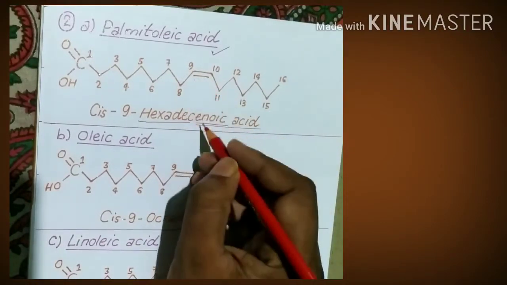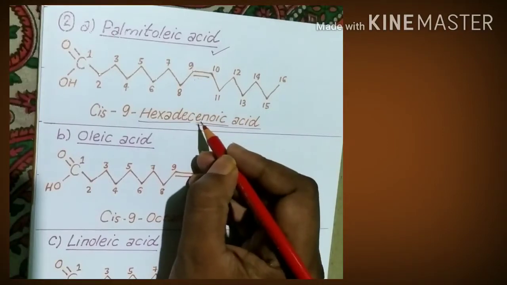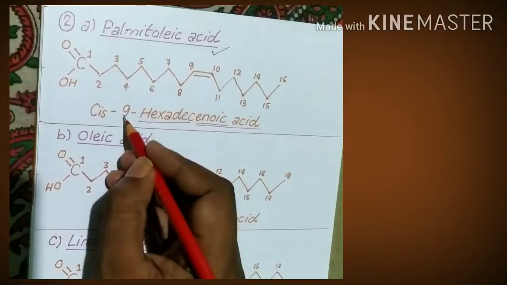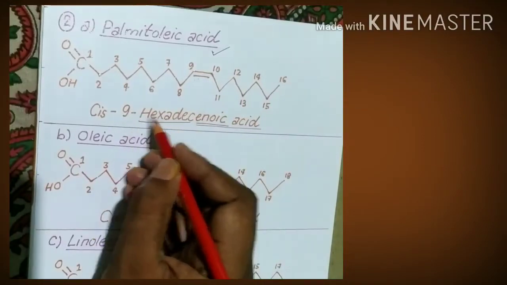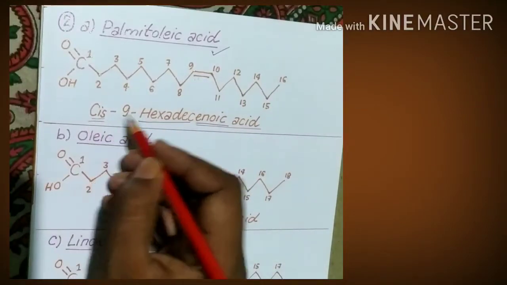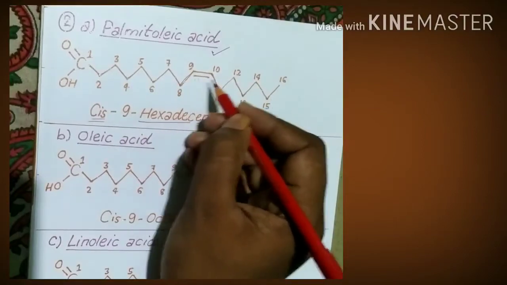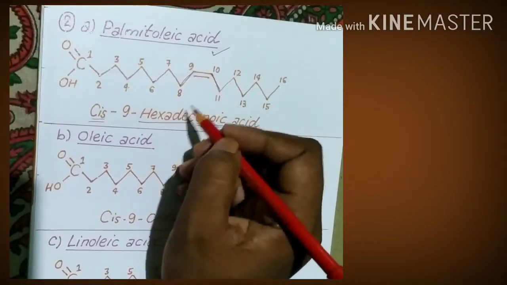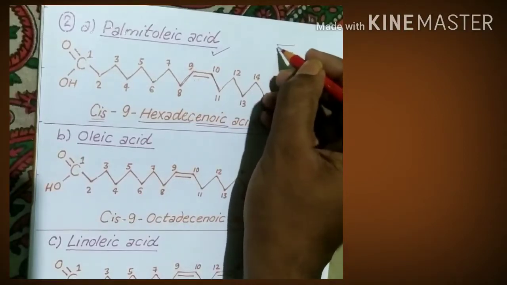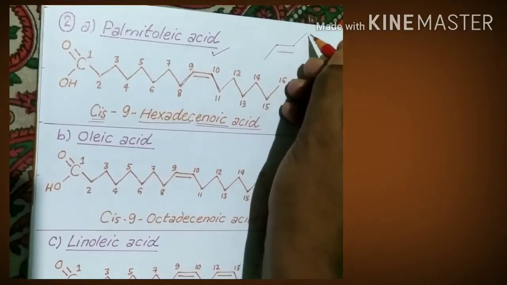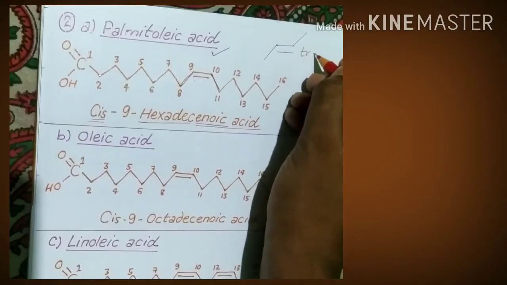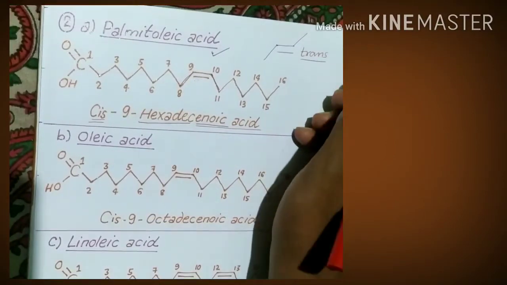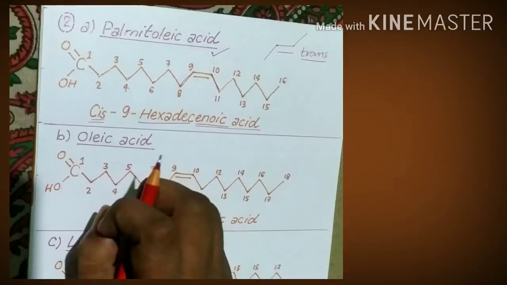This is an unsaturated fatty acid and the suffix enoic acid is used. The position of the double bond is at the 9th carbon, and cis here denotes that the groups are present on the same side of the double bond. If they are present on opposite sides, then it is called trans. All biological fatty acids are cis.